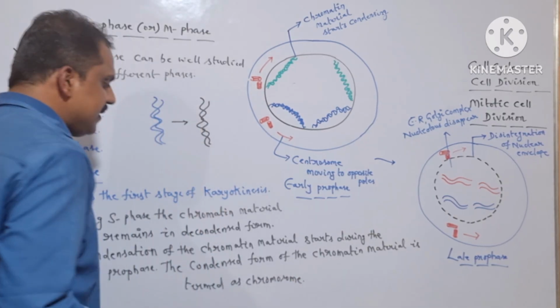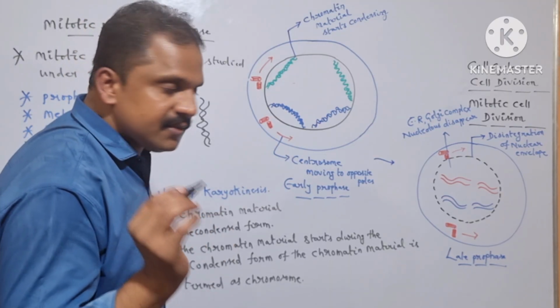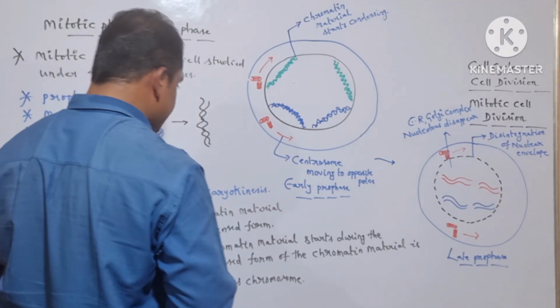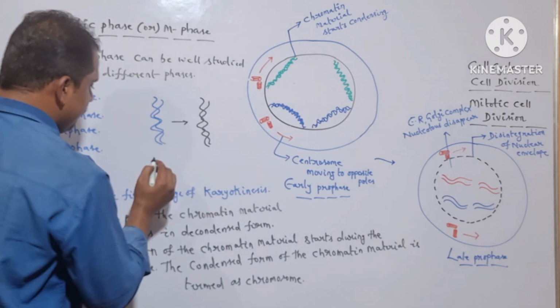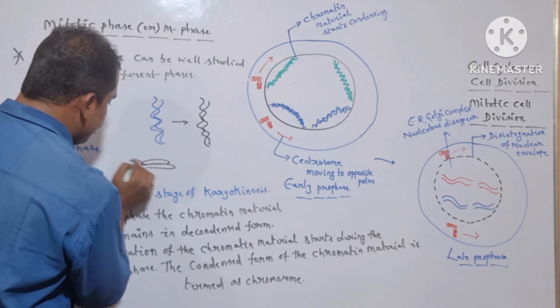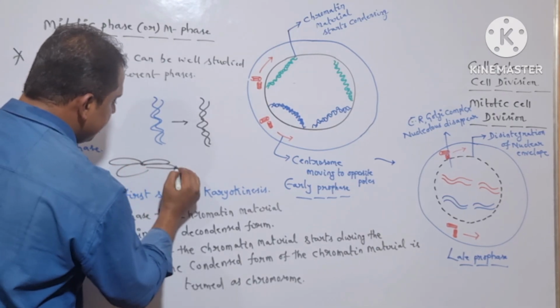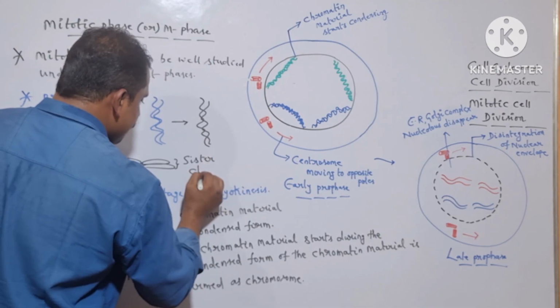So here basically a specific chromosome has two sister chromatids. If you look here, easily we can understand. So let me show it here. Basically a specific chromosome has two sister chromatids. So here these are nothing but what? The sister chromatids, right? Sister chromatids.